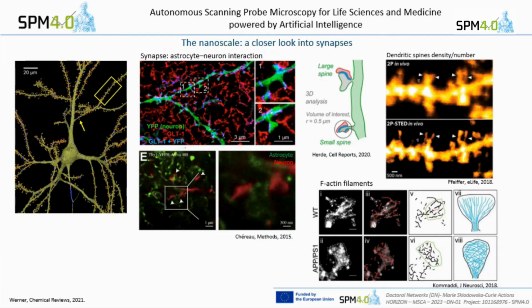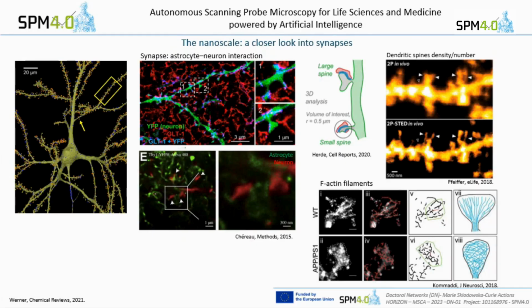So, of course, the possibilities at this scale are various. We can understand better the density of receptors in the postsynaptic terminal, the synaptic vesicles within the presynaptic terminal, the interactions with the matrix and other cells.